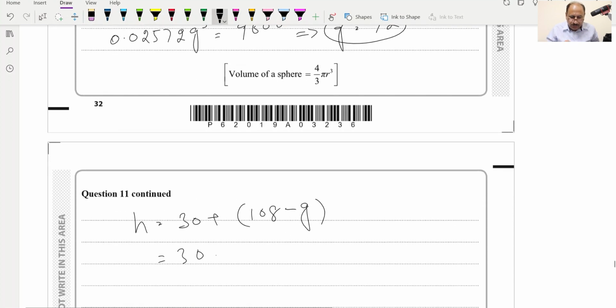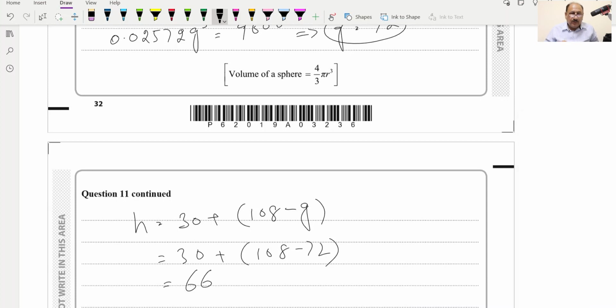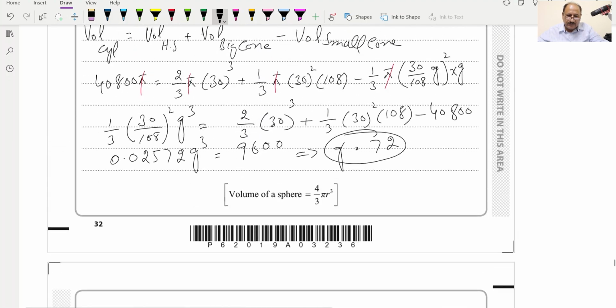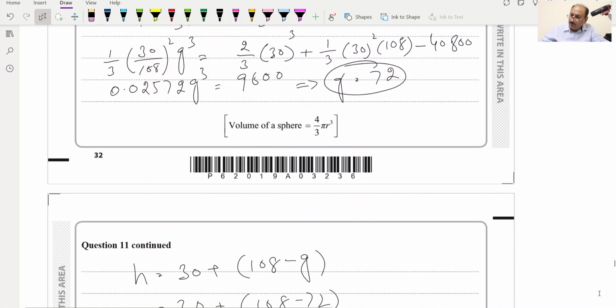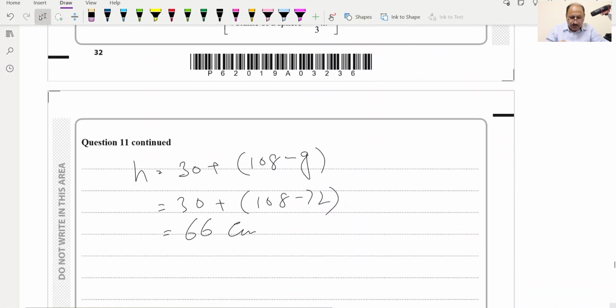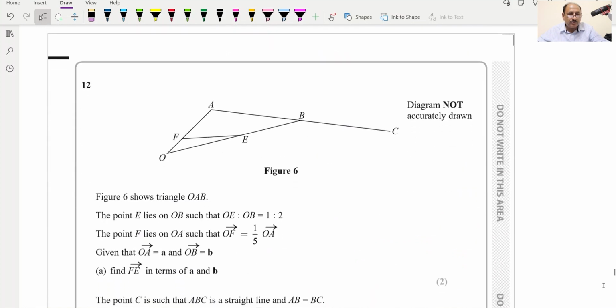So this will be 30 plus 108 minus 72, and this will be equal to 66. Units will be centimeters, because the rest of all measurements are in centimeters. So this is done. We found the h value which we were supposed to find.